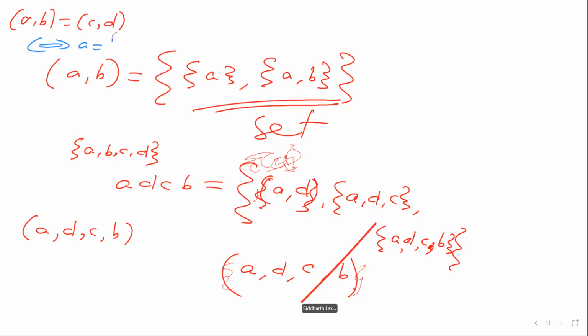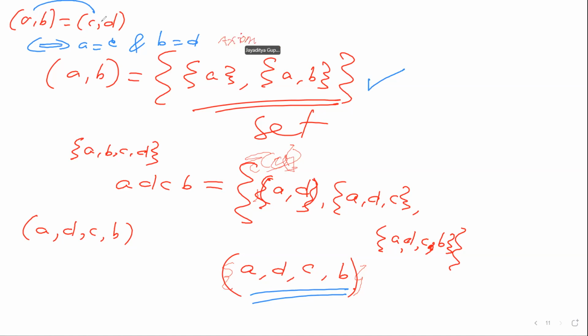A equals C and B equals D. We will prove that. It is not only enough that we represent the order in which it is represented. We also need to make sure that this object has all the properties associated with the standard way of writing it. Agreed?